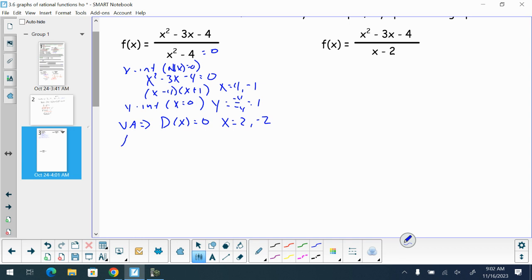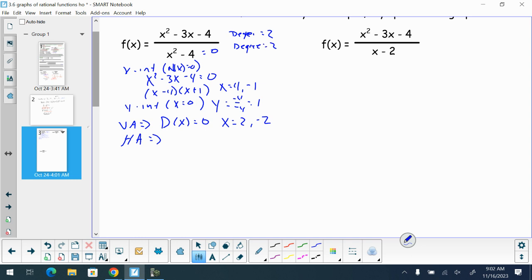Horizontal asymptotes. Okay, we take a look at our degrees. The degree of the numerator and the degree of the denominator. What's the degrees of both of them, Emberlyn? 2. So my degrees are equal. Degree equals 2, degree equals 2.